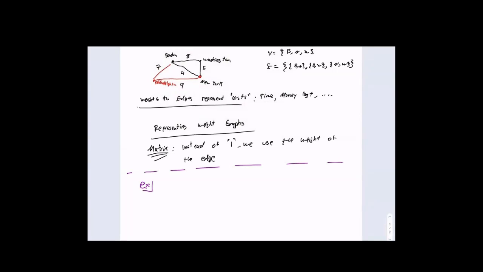Let's represent the above weighted network, including Philadelphia, as a matrix.